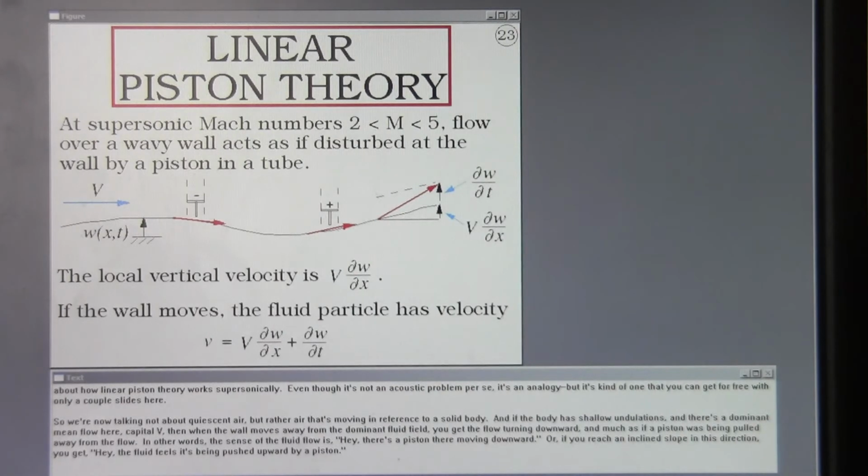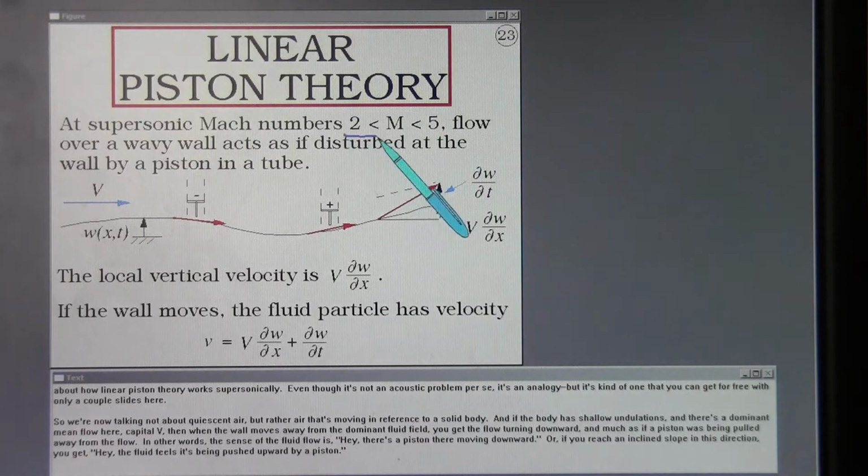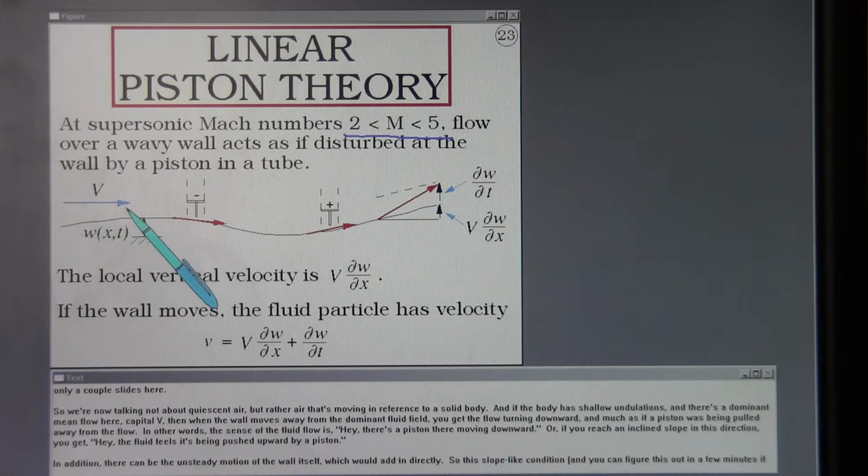So we're now talking not about quiescent air, but rather air that's moving with reference to a solid body. And if the body has shallow undulations, and there's a dominant mean flow here, capital V, then when the wall moves away from the dominant fluid field, you get the flow turning downward, much as if a piston is being pulled away from the flow.